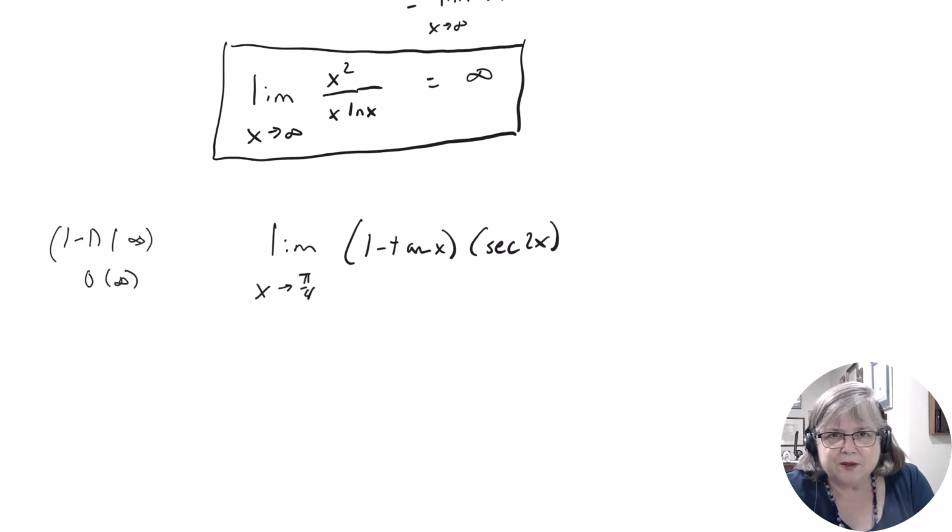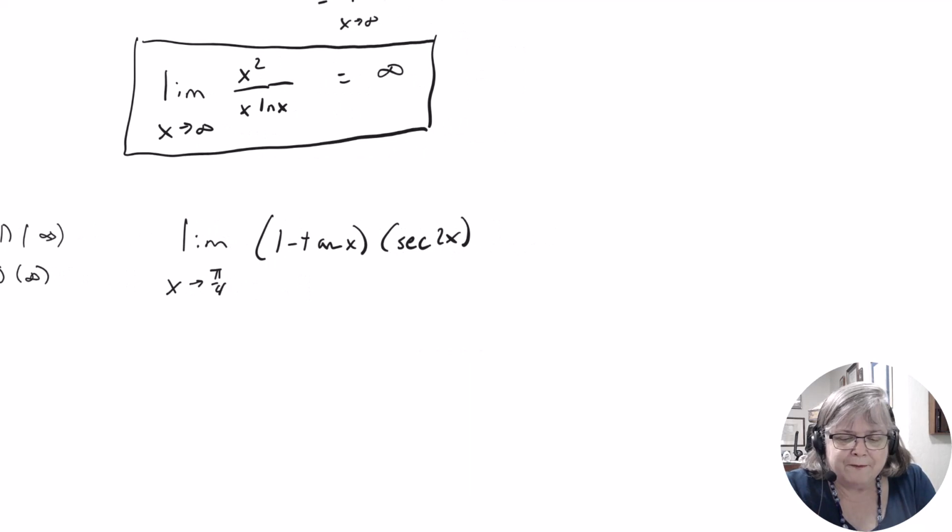So this is also an indeterminate form, but I need to make it look like a fraction. Trying to take 1 minus tangent x and moving it down would be (1 minus tangent x) to the minus 1. That's not going to help me. But secant I can fix easily: secant of 2x is 1 over cosine of 2x.